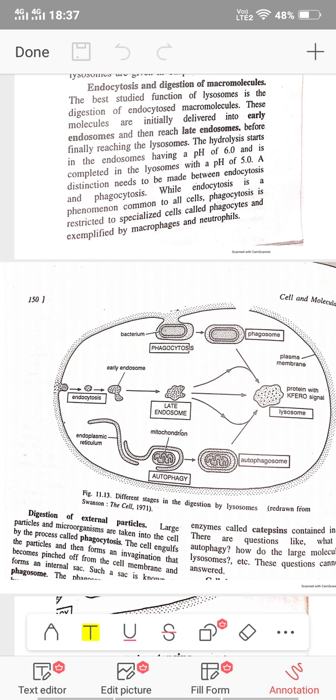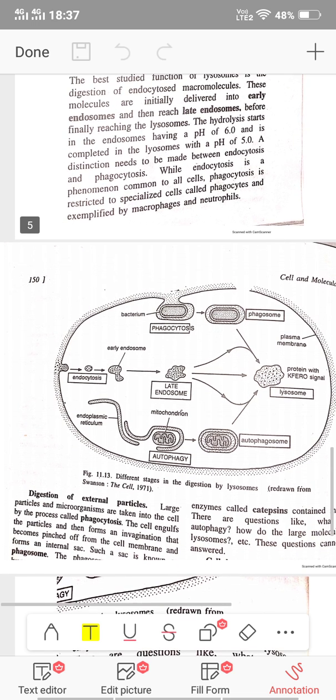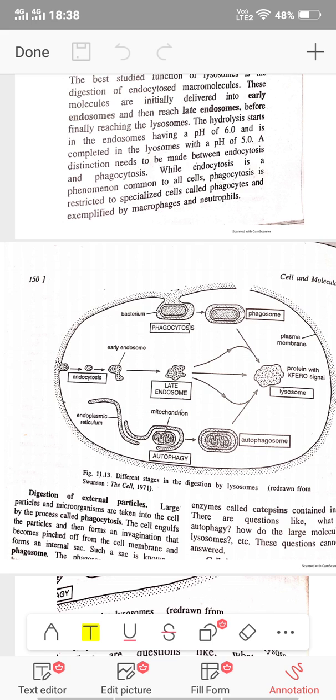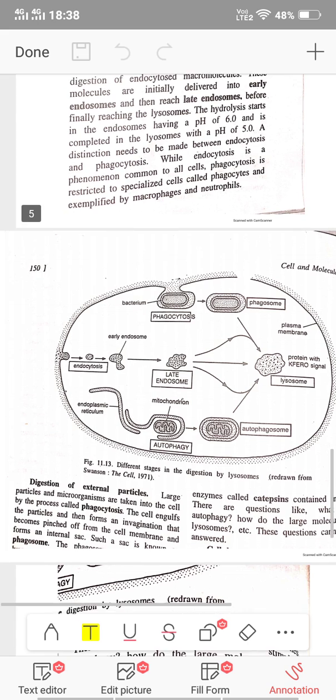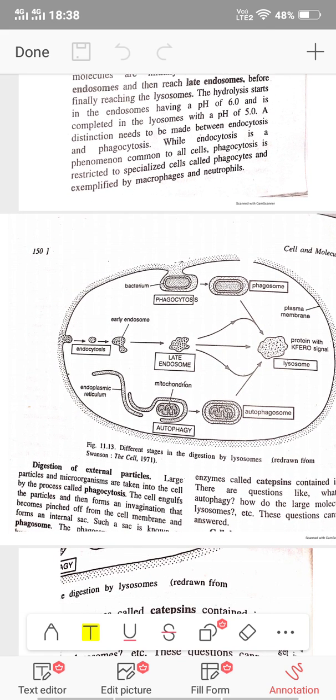The phagosome moves towards a lysosome and fuses with it to form one structure. The enzymes present in the lysosome make it a digestive vacuole or secondary lysosome. The residues of digestion are left in the digestive vacuole. The vacuole now moves towards the cell membrane and a process reverse to phagocytosis occurs.